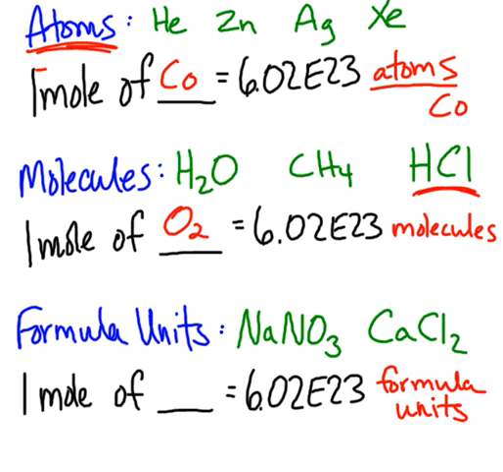Now, formula units are pretty much anything else. Anything that is not a molecule and not an atom, we would call a formula unit. A good way to identify it is that it tends to have a metal in it. Sodium's a metal, calcium's a metal.